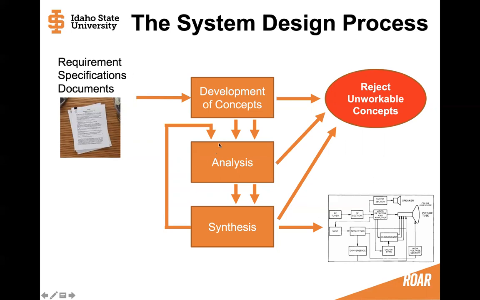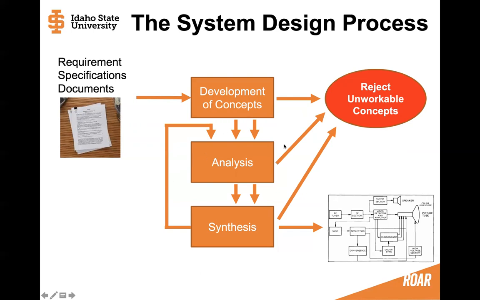And so that is this iterative process where you will develop concepts, analyze those concepts. So take your engineering knowledge, see if you can crunch some numbers, figure out what works. Then based on those numbers, you can synthesize a solution. If the solution doesn't quite work, go back to the analysis.